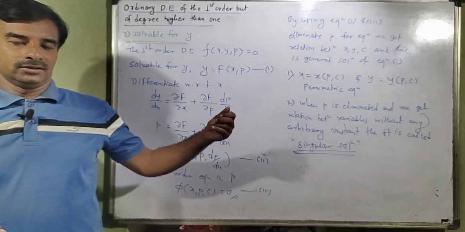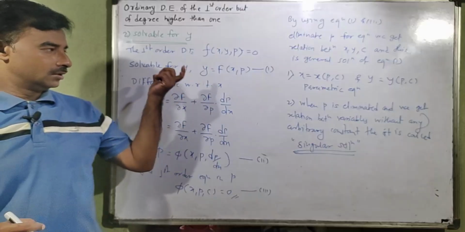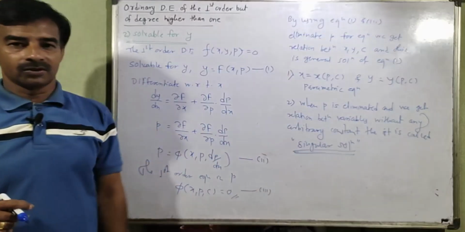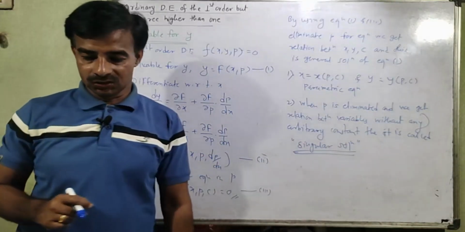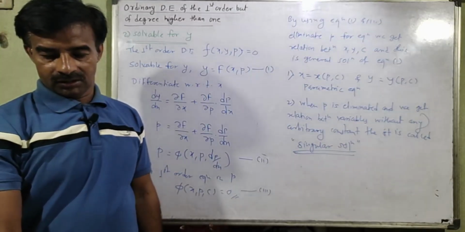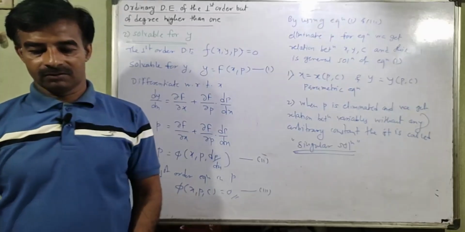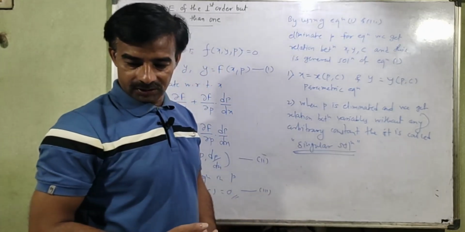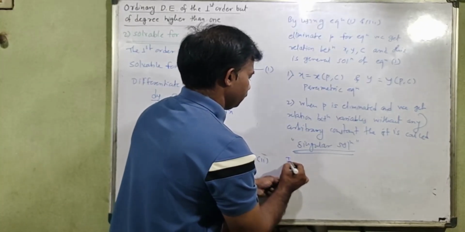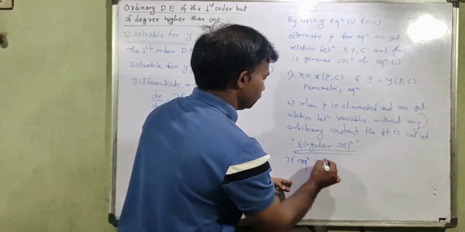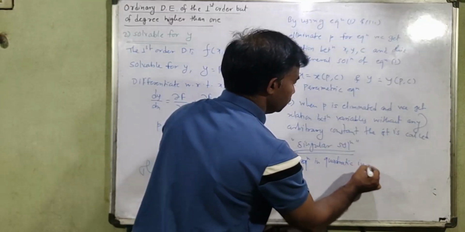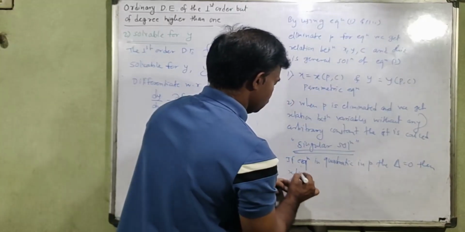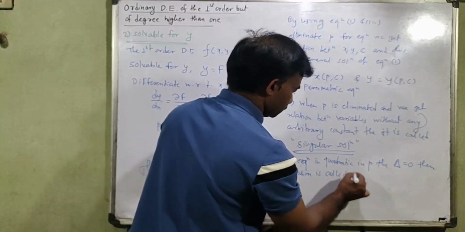This question arises in different papers in the UPSC examination, so it is a most important thing related with differential equations. Singular solution: when we get an equation which is quadratic in p, and the discriminant delta is equal to 0, then the relation is called the p discriminant relation.